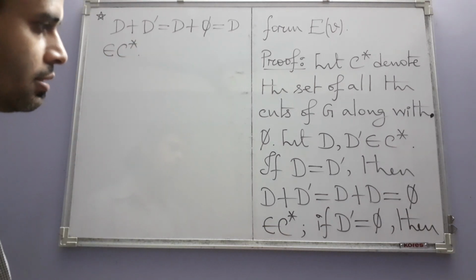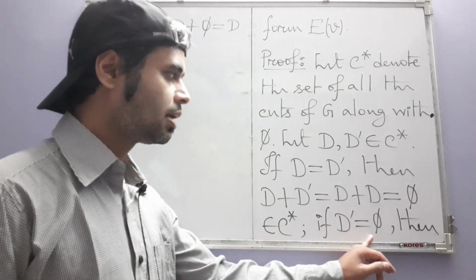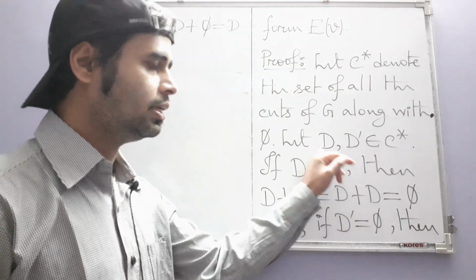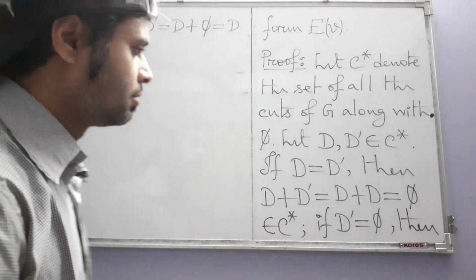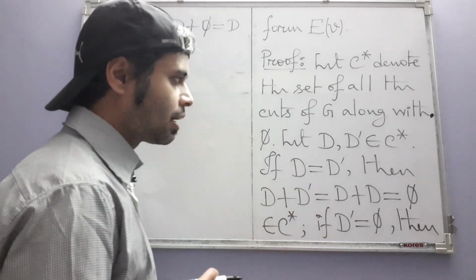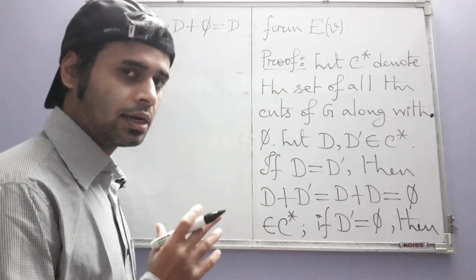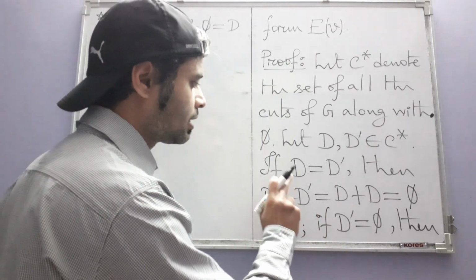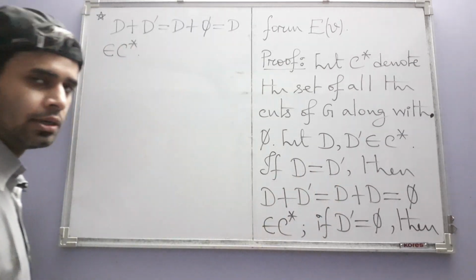So in these two cases, and you can understand that a similar situation occurs if D is empty. So now we can assume that D and D prime are both non-empty, that is they are both legitimate cuts, and also that they are distinct.